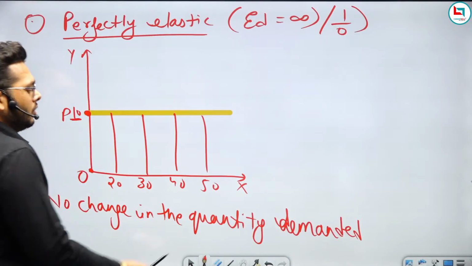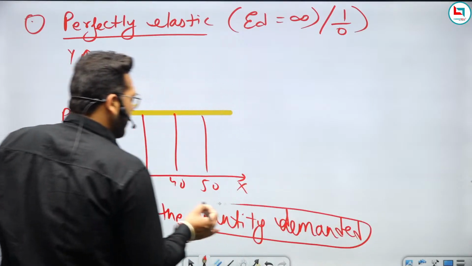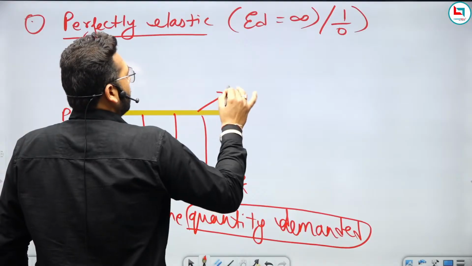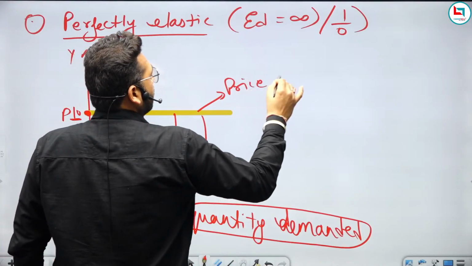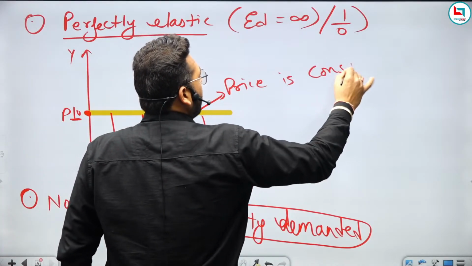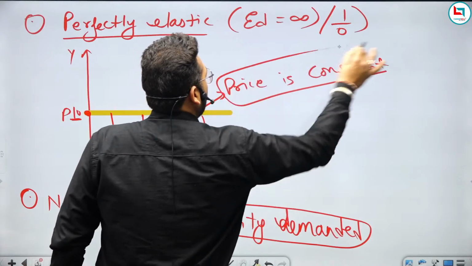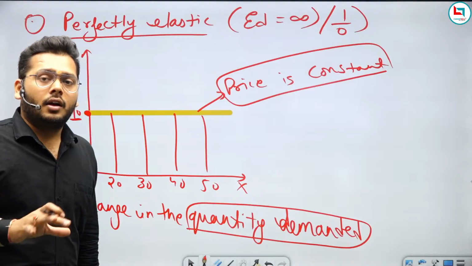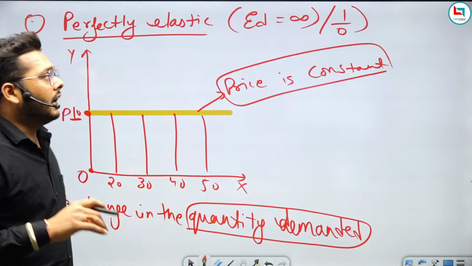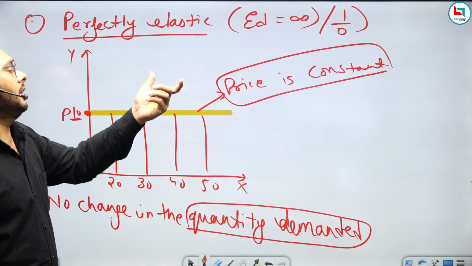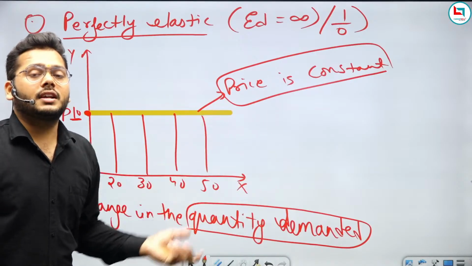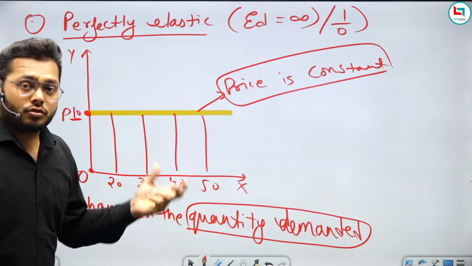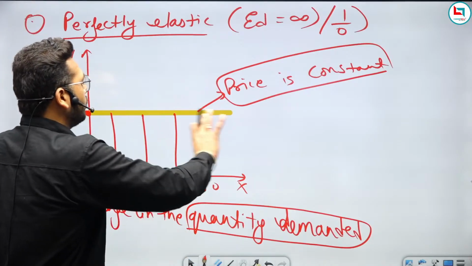No change in the quantity demanded. This is Ed equal to, the price is constant. Now if I ask you what type of curve you are getting if Ed is perfectly elastic, this is a horizontal curve.